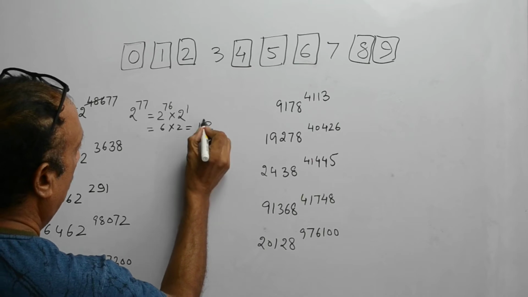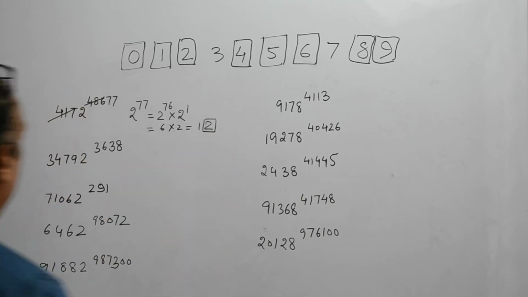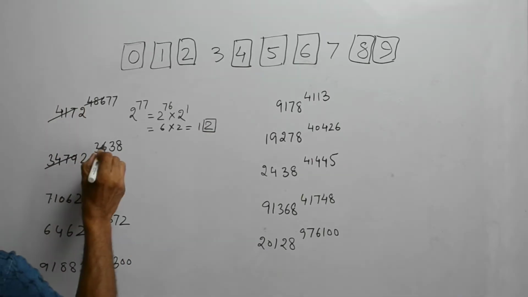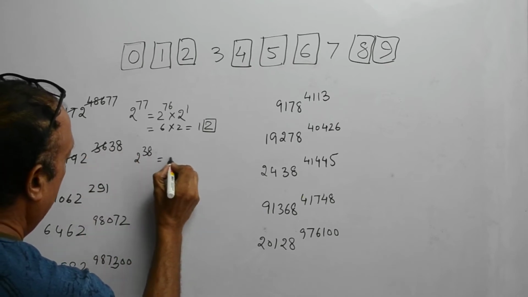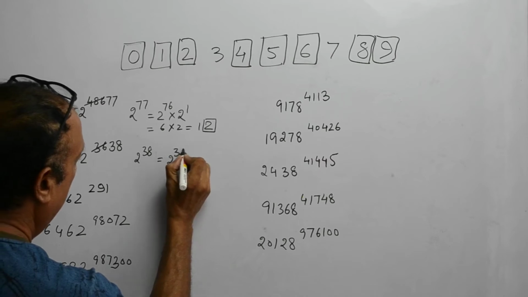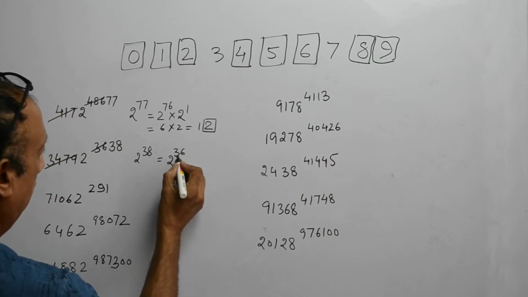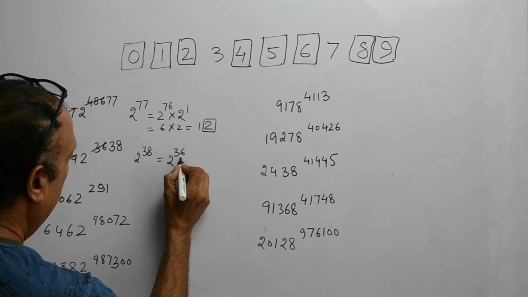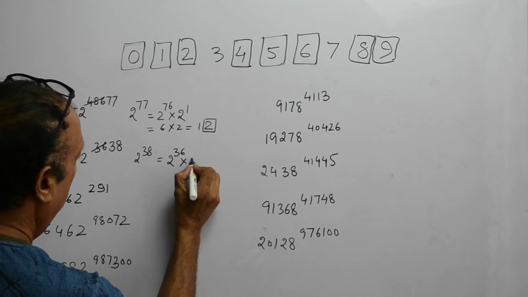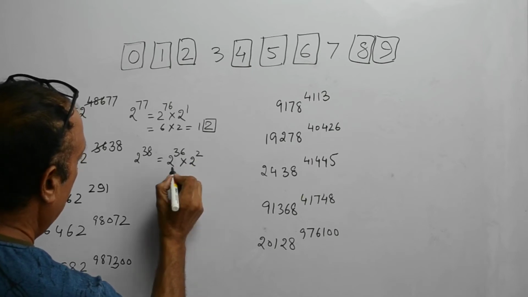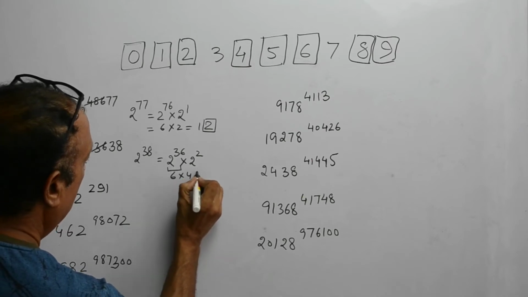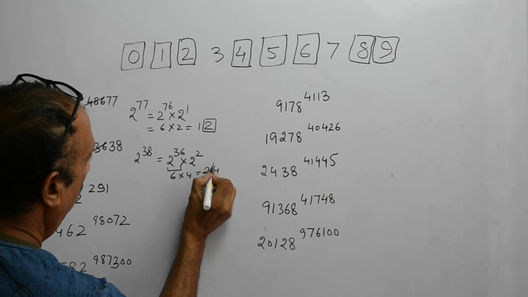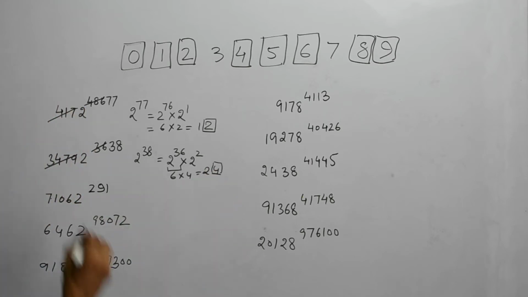So the answer is 2 as the last digit. Next, we have to find out 2 raised to power 38. 38 is to be converted into 2 raised to power 36, the number divisible by 4, multiplied by 2 raised to power 2. So it will give us a 6 multiplied by 4, so 24. 4 is the last digit.